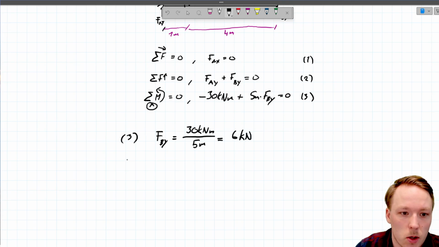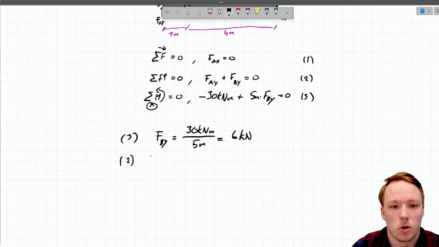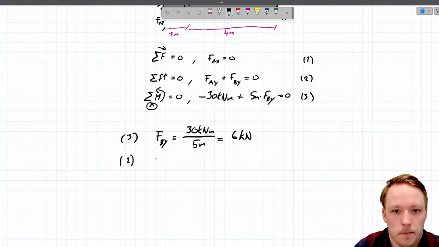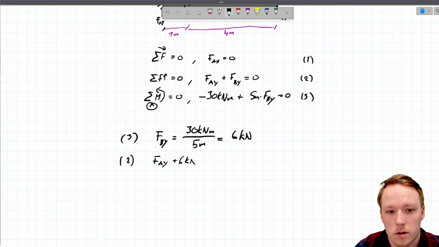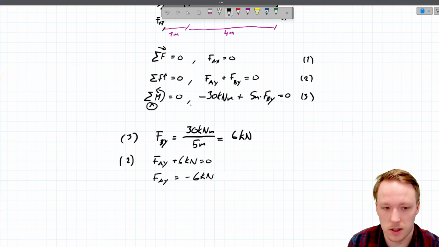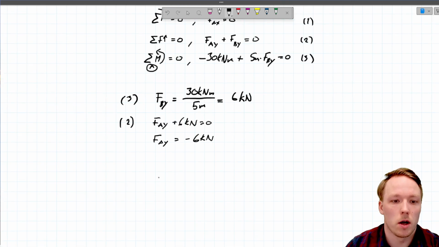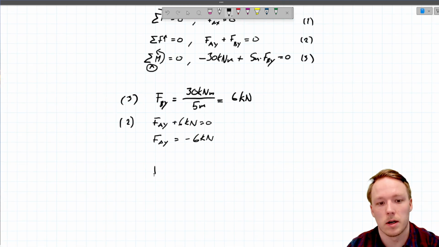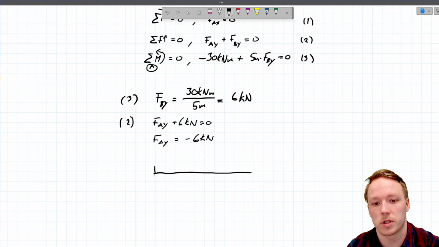And then from equation 2, FAY plus 6 kilonewtons equals 0. So FAY is minus 6 kilonewtons. Now we have solved all the support reactions. We now know all the forces in this structure. Next step is to draw again the free body diagram. In this diagram we now put the forces that we just solved.